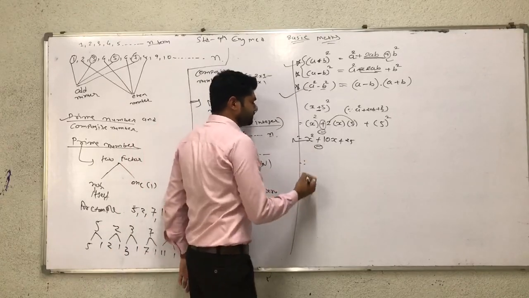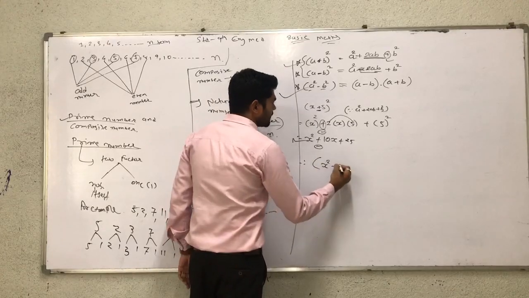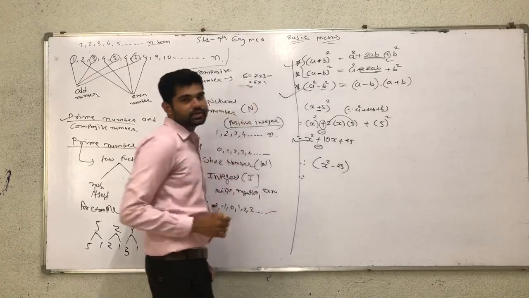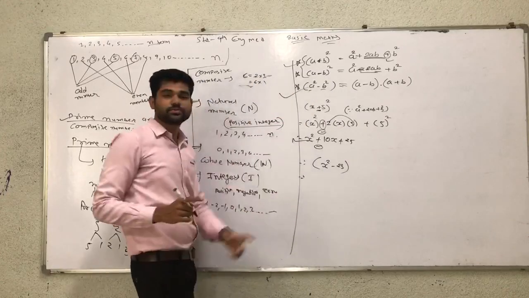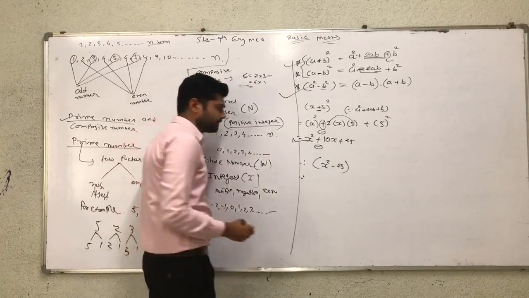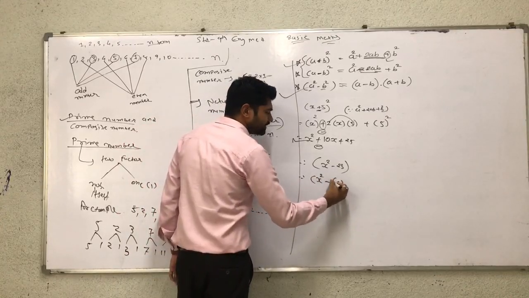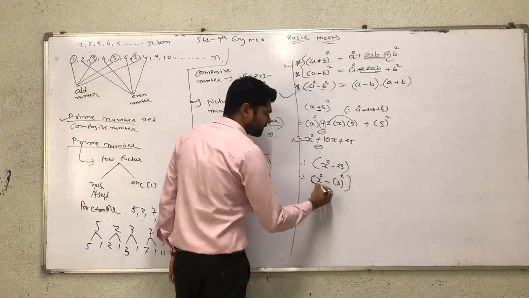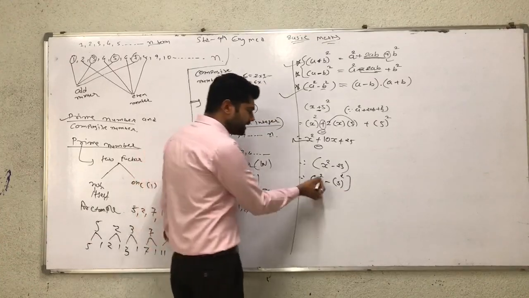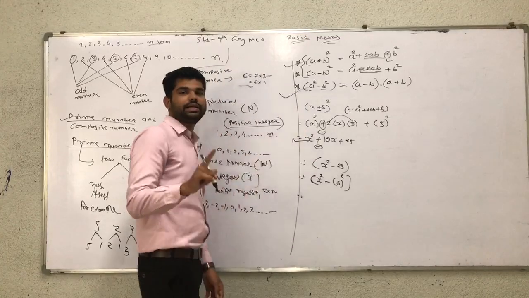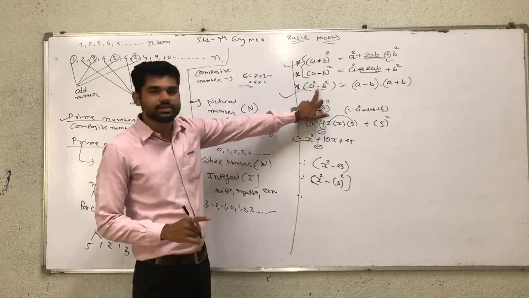Now apply this to x square minus 25. First you convert this type of term into first term square minus second term square. So x square minus 25. 25 means 5 square. So it is converted to a square minus b square. And this equation is only applied when there is a minus sign.